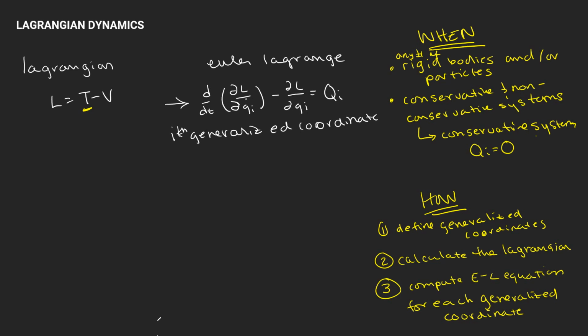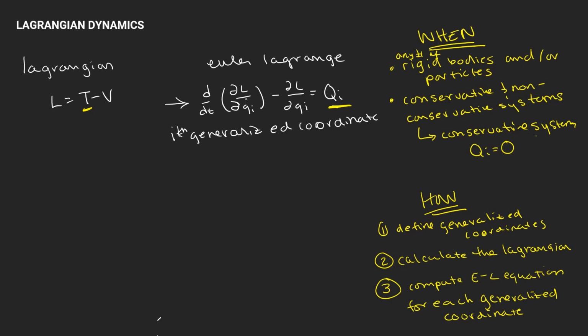And so one other key step in computing the Euler-Lagrange equation is going to be the calculation of Q sub i, these generalized forces, which again, if you come back to this comment here about conservative systems, this Q only pops up when you have non-conservative forces doing work.